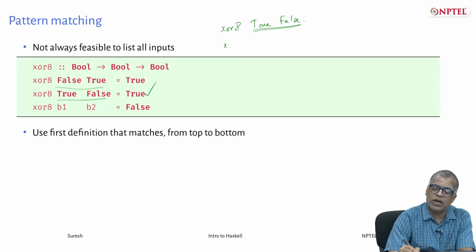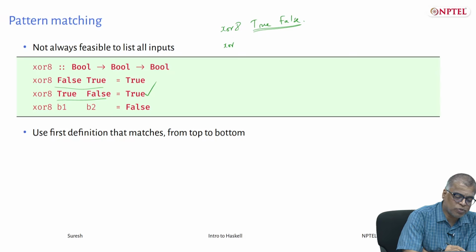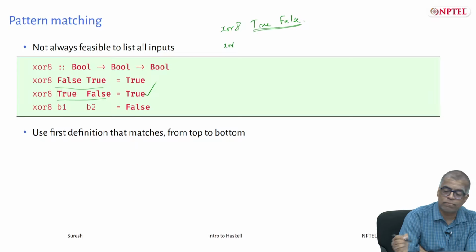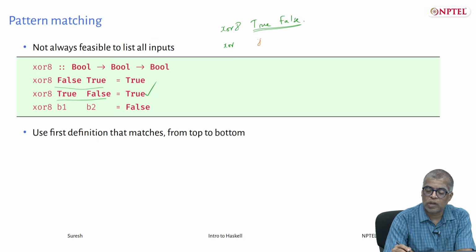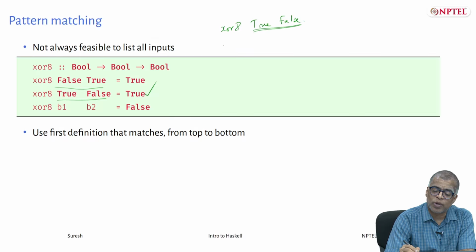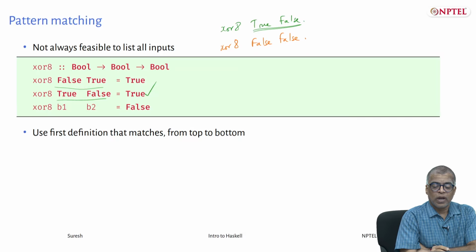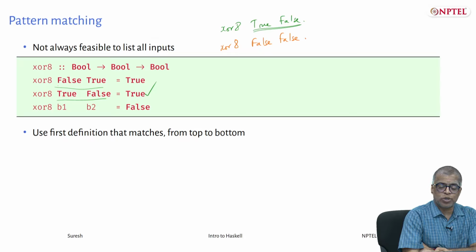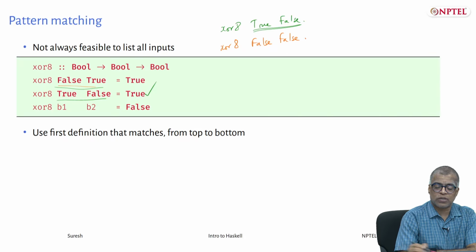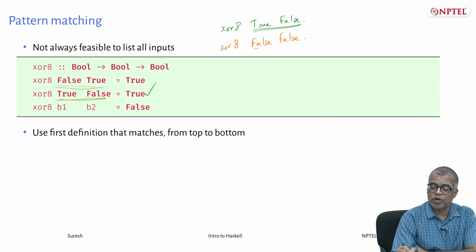But suppose I said, let me see if I can choose a different color. Suppose I said XOR 8 false, false. It will again go through the first line. False, true is not the same as false, false. True, false is not the same as false, false.